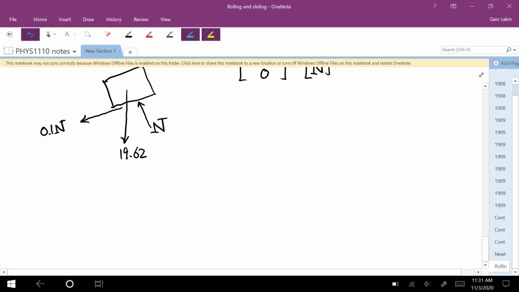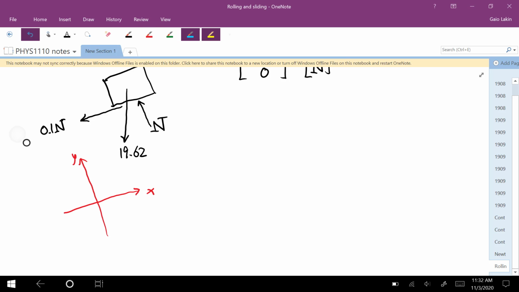The weight force, if I draw this coordinate system and then draw the weight force, you can see that this angle theta falls short of getting to 270 when you're going counterclockwise. So the angle is going to be 270 minus 25 for this problem. For the rolling problem that I did right before, it was 270 plus 25.